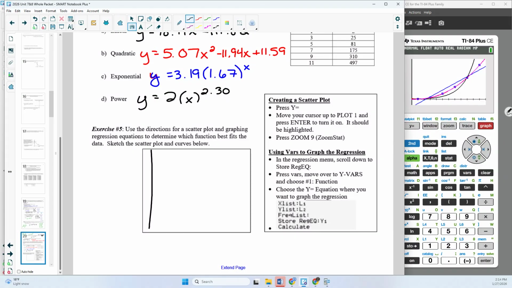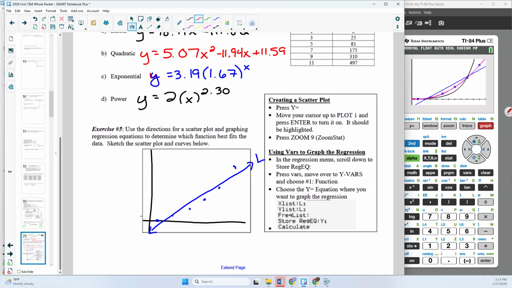So we don't need to really label anything. As I said, this is just to give us an idea of what's going on. So I sketch it out. The line is also blue, kind of doesn't touch those points super well. So this is linear.